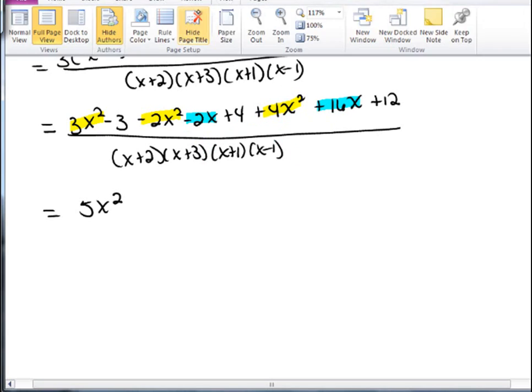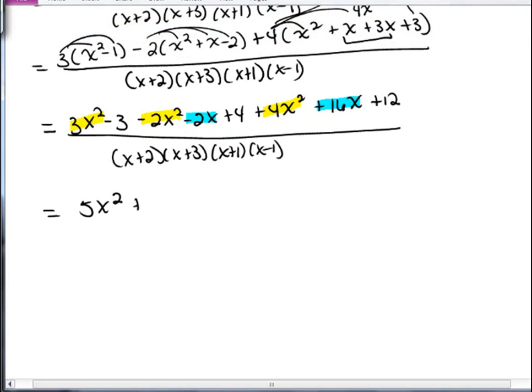So that's 14x. And then our constants, we have negative 3 and positive 4, which is 1, and then plus 12, so that's 13. And this all goes over our common denominator.